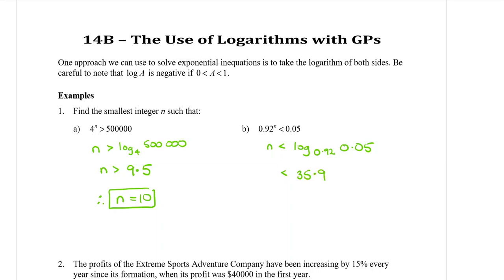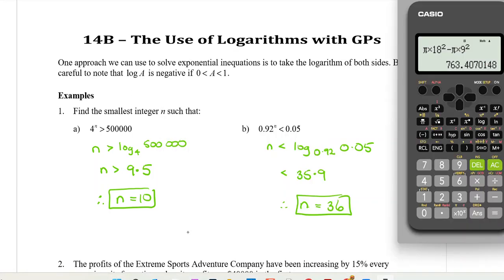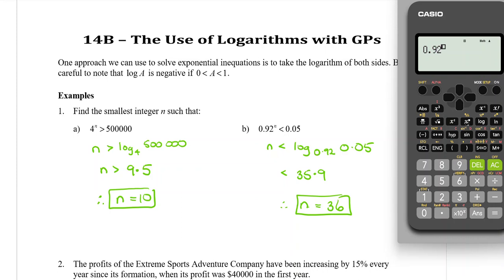35.9, correct. So this time we're going to say n, the smallest value that it could be, would be 36, correct. Let's double check it. So if we type this in, we'll go 0.92 to the power of 35.